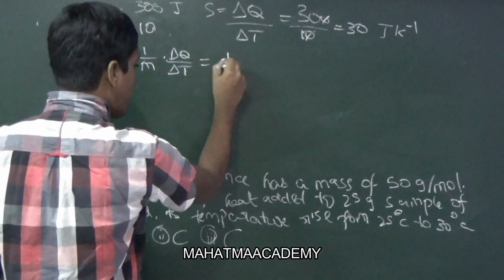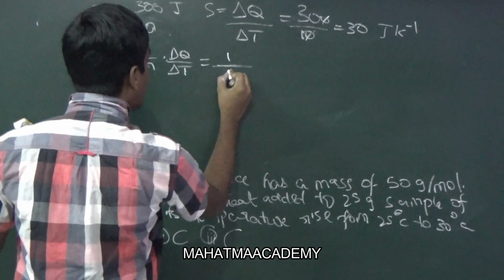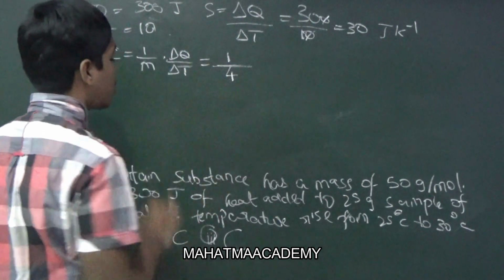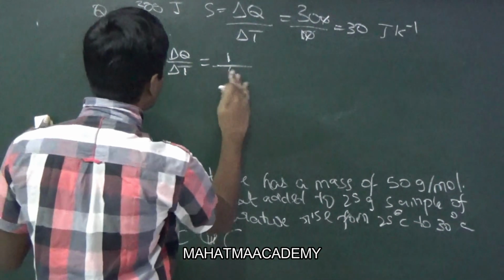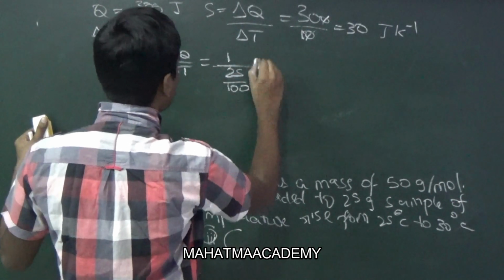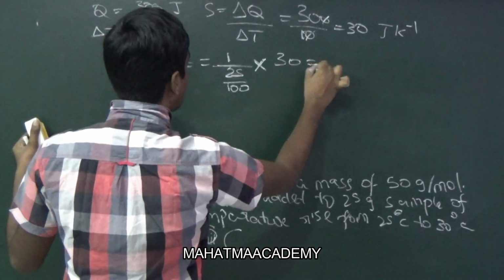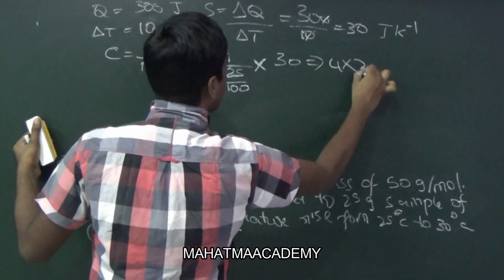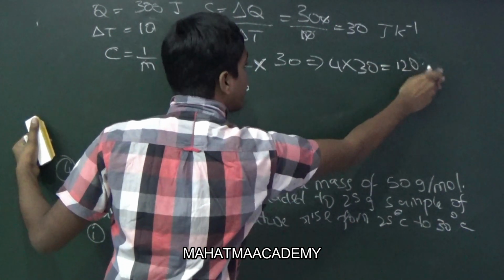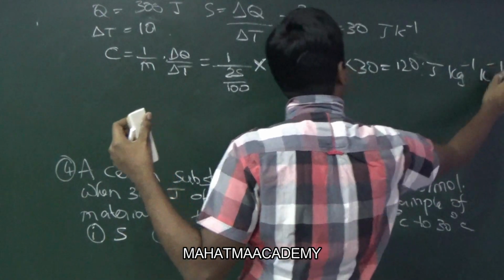It is 1 by 25 grams, 25 gram means 1 by 40, so 1 by 25 by 1000 into 30. That is 40 into 30, 120 joule kg inverse Kelvin inverse.